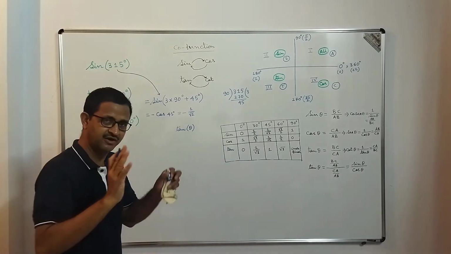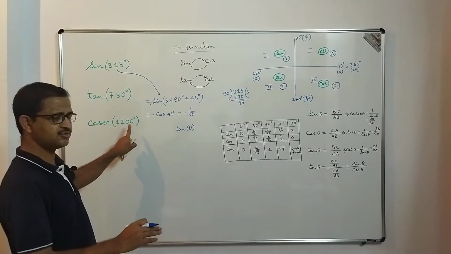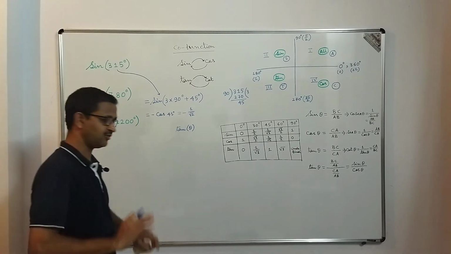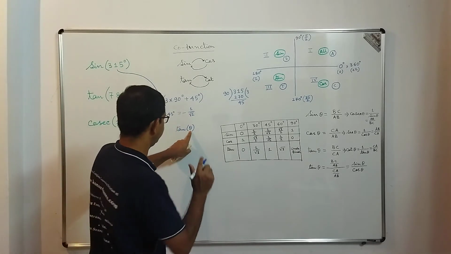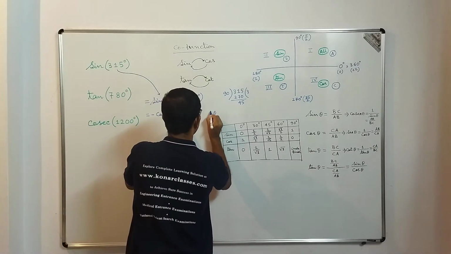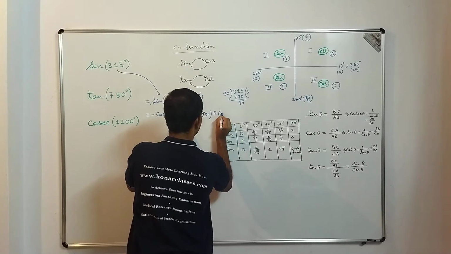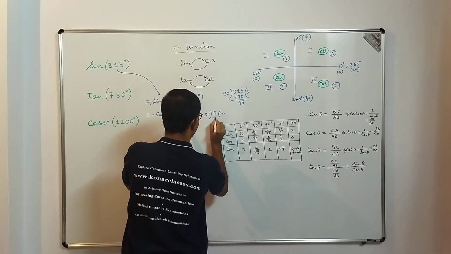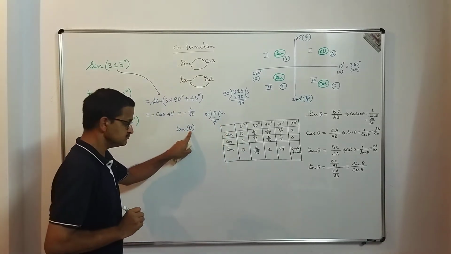A big angle, more than 90 degree, any angle, like 1020 or 1200, is also possible. So that theta has to be divided by 90. That means you take theta divided by 90, and you get a quotient m and a remainder phi.